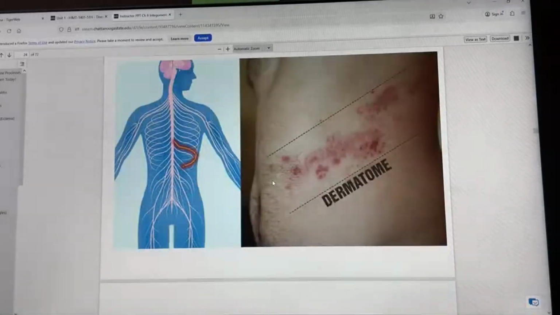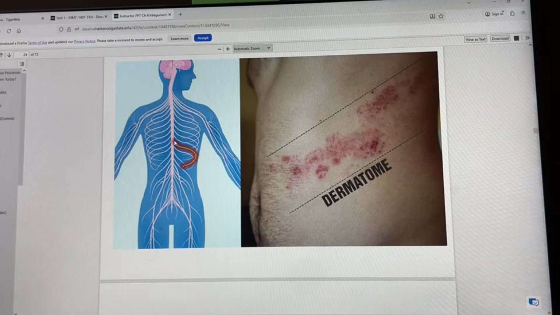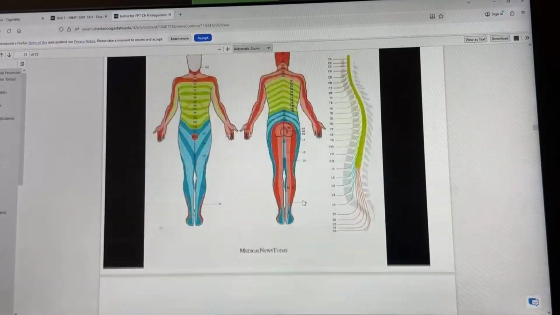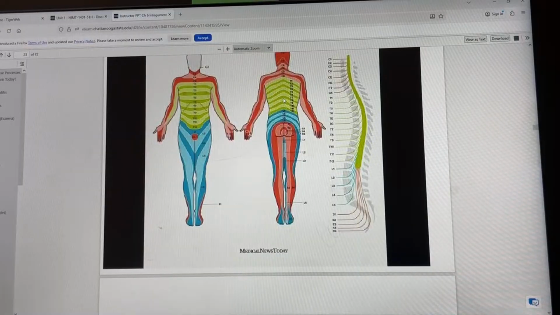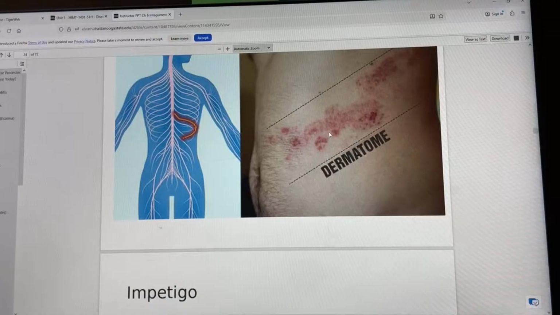On this picture, here's the nerve coming off the spine, and it's following the path of that nerve. Does that make sense? That dermatome would be like here. It's infecting the nerve and it manifests on the skin above that nerve. That's so strange. It's weird, yeah. So anytime you hear the word dermatome, it's going to be shingles. That just goes hand in hand.